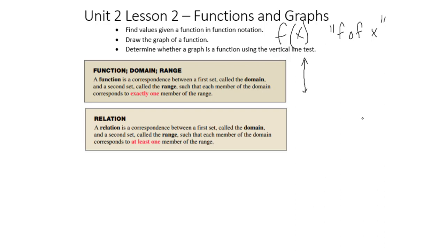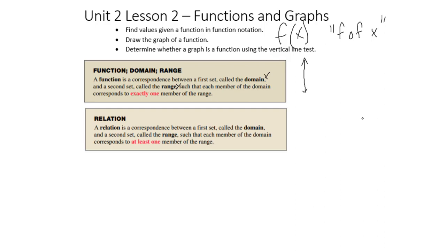These are vertical lines. All right, so a function is a corresponding set, and we use it to find the domain. Domain is all the input values, which are typically your x values. And the second set of values we call the range, which is typically your y values.